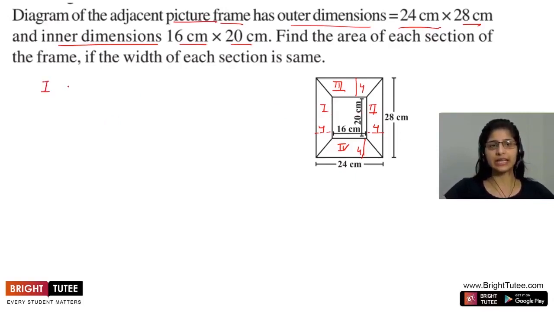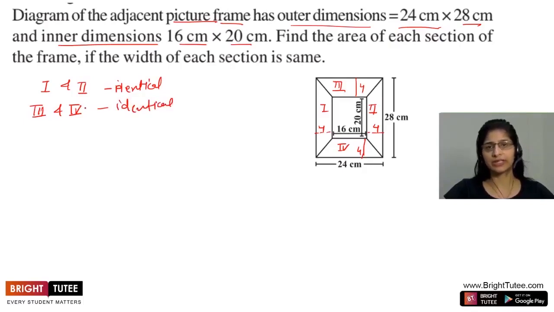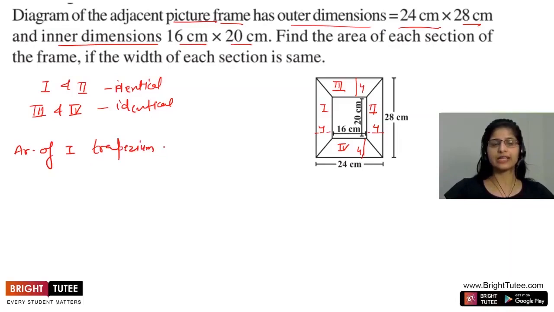First and second, if you see, they are identical. Third and fourth, they are identical, because they have the same side length and the same height. We can find out the area of 1 and multiply it with 2. So area of the first trapezium will be half into the height, which is 4, into the sum of parallel sides.